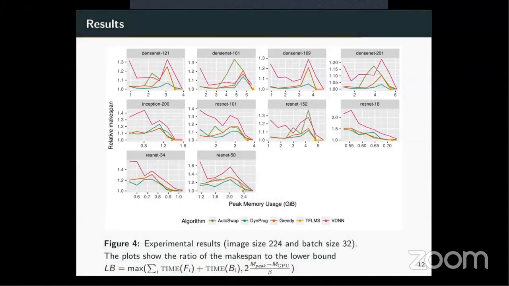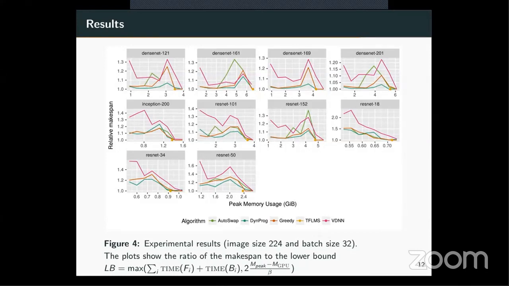Here on the figure you can see how the relative makespan changes with the mGPU. The relative makespan is obtained by taking the ratio of the measured makespan to the lower bound defined below. This lower bound is equal to either the total computational time of both forward propagation and backward propagation, or the computational cost to offload and prefetch the data that doesn't fit.